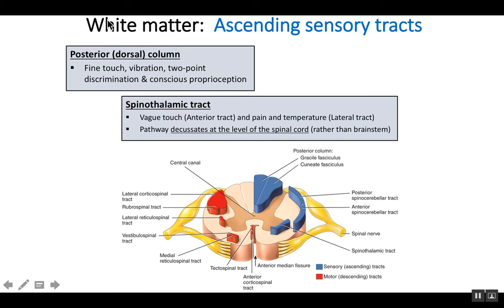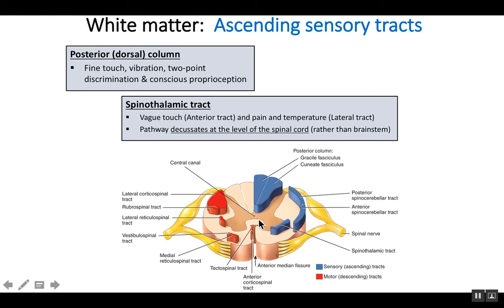So notice point number 2 here is the pathway decussates at the level of the spinal cord rather than up in the brain. So this means that if the stimulus is on this side, so this would be the right side, and let's say you cut your right finger, that pain information comes in this way, because this is the dorsal root where sensory neurons come in.